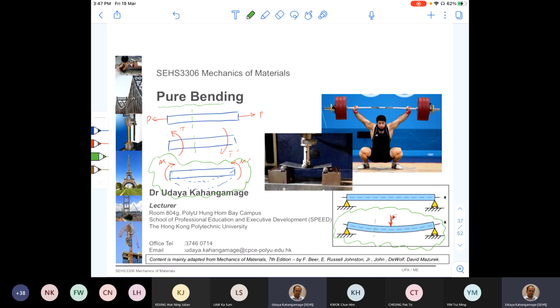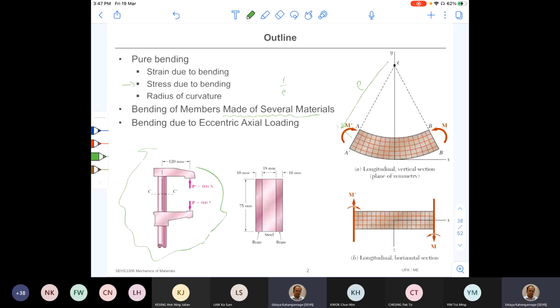And for this simple case, we are learning how to find out the stresses developed and also the deformation, how to quantify the deformation. Okay, so let me show you the outline. We started last time. We talked about the strain, and then using Hooke's law, we learned how to calculate the stress using the bending formula.